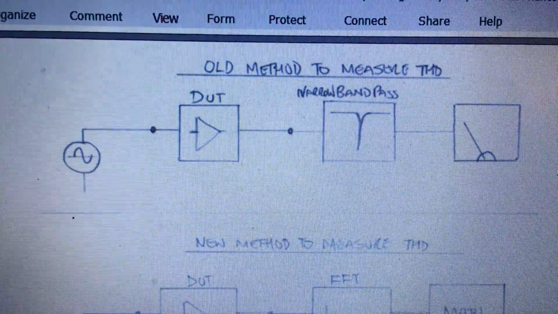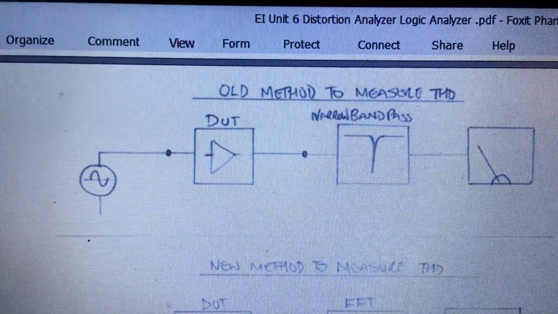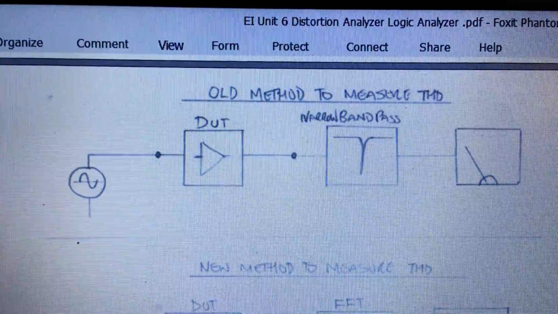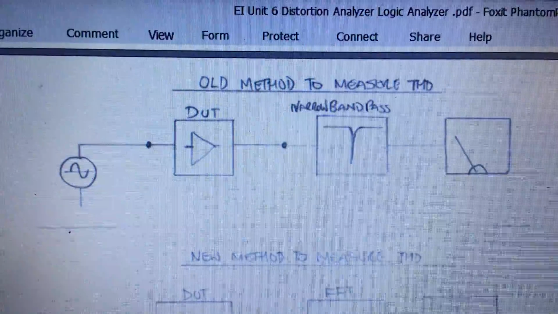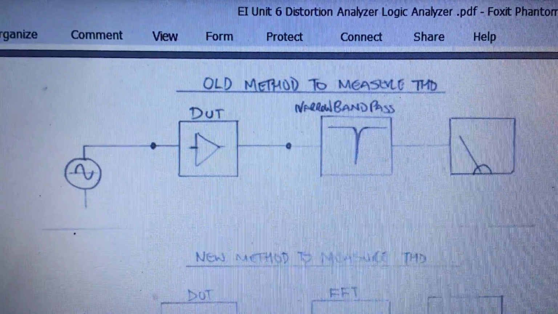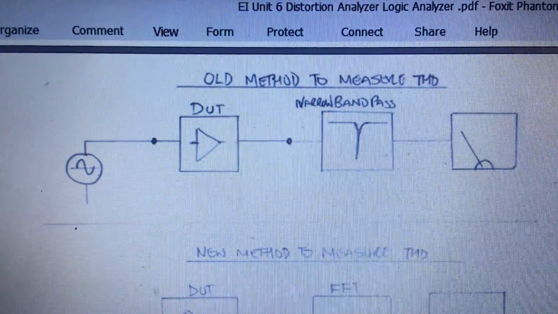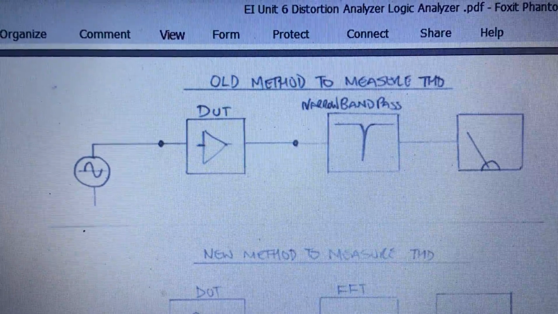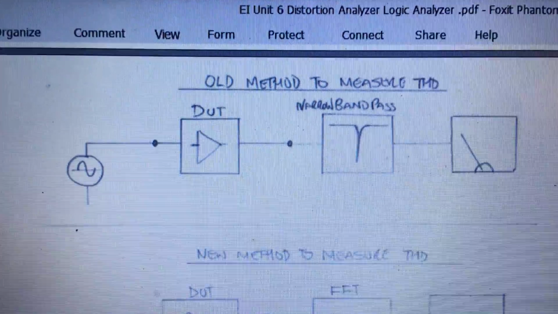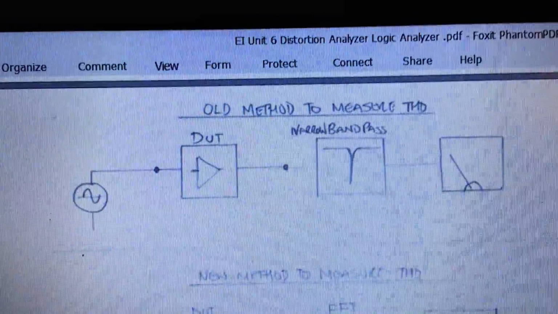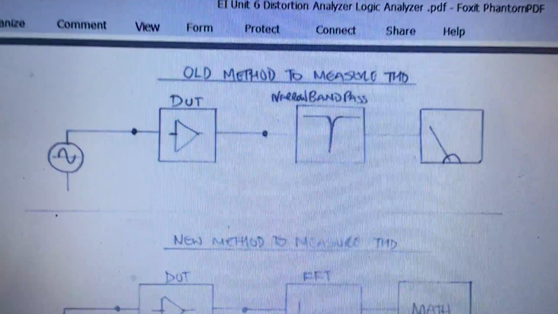The signal which is rich with harmonics is connected to the block called device under test, and the device under test output is connected to a narrow bandpass filter, which will reject the fundamental frequency, and all the harmonics will be allowed to pass through this block, and the last block is the meter. So there are only three blocks: device under test, narrow bandpass filter, and measuring instrument, that is voltmeter.